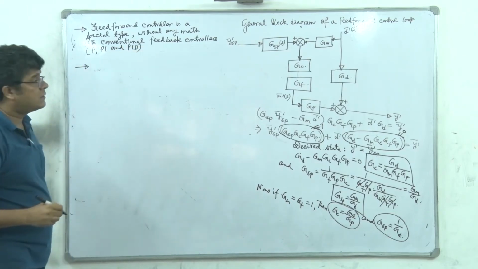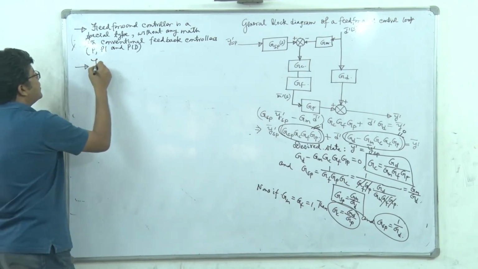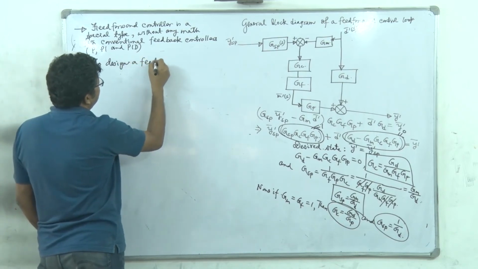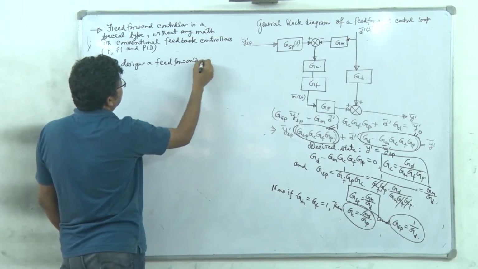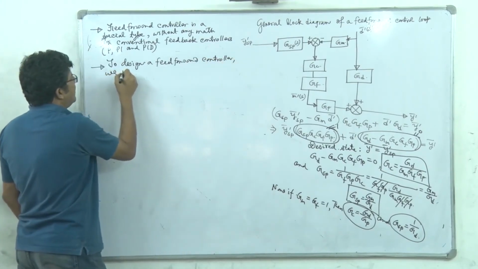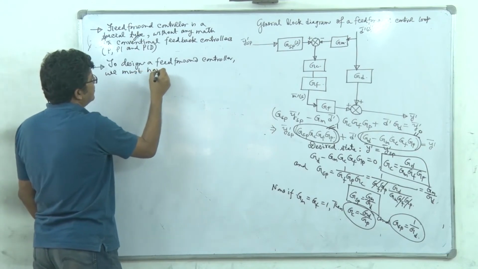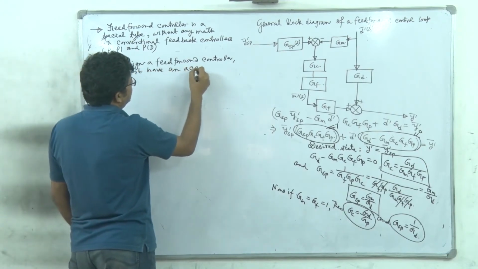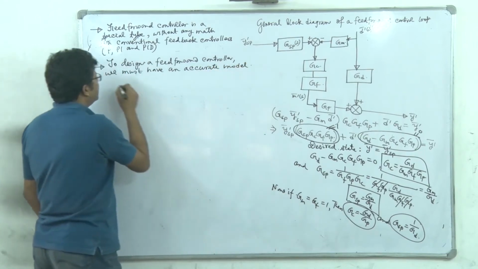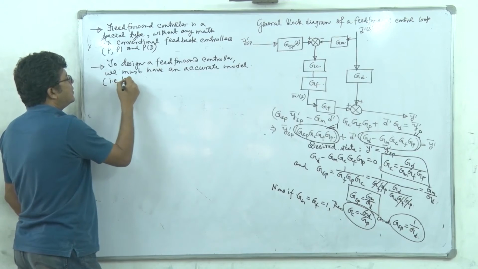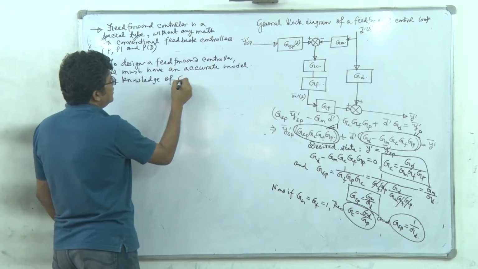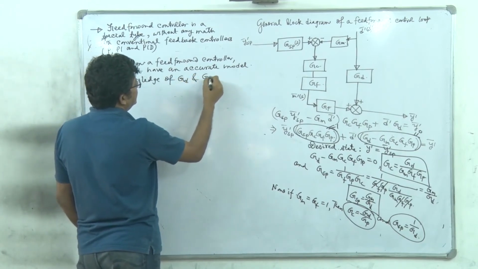The second inference: to design a feed forward controller, we must have an accurate model, that is knowledge of GD and GP.